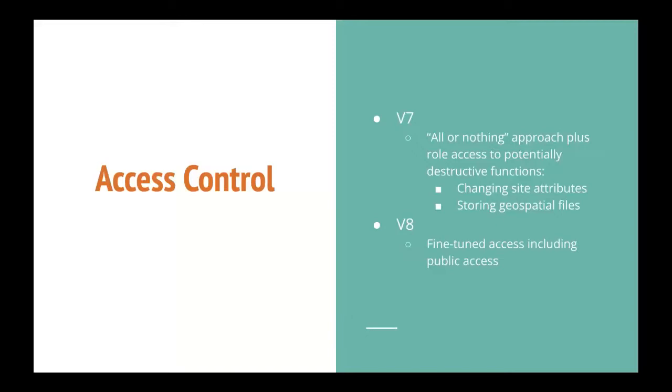So if you want to post this map to your main DOT website or something, then we really need to dial in what you want to be able to restrict and what you don't want to be able to restrict. And that's probably going to require some meetings with all concerned parties. But right now, that sort of fine-tuned access is a little bit nebulous in our brains and what exactly it looks like.